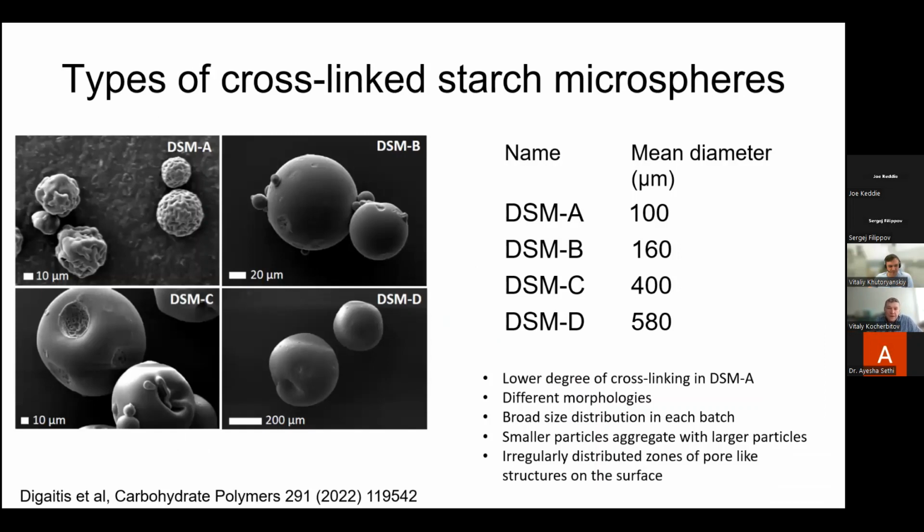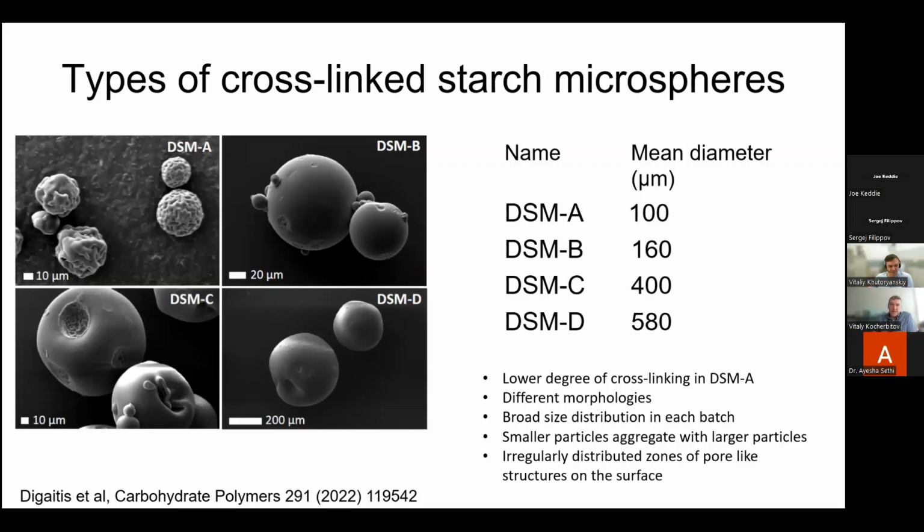So we took several batches of these materials with different sizes shown here. These are the diameters of the spheres. They are actually rather big, up to half a millimeter.